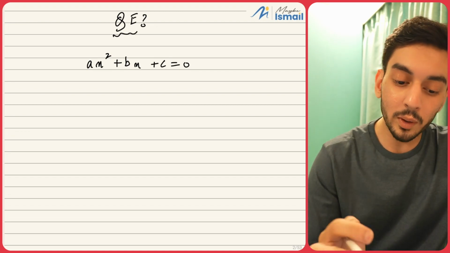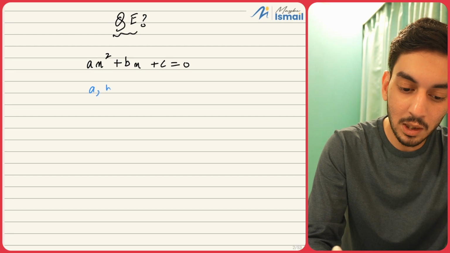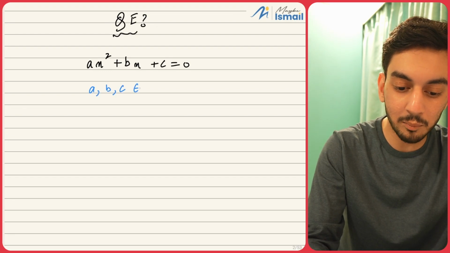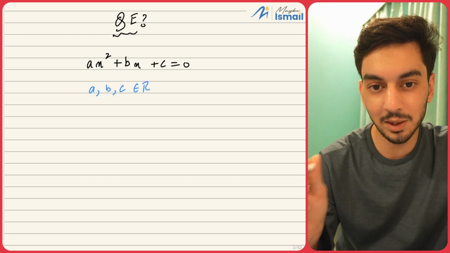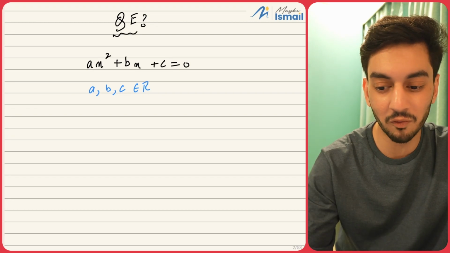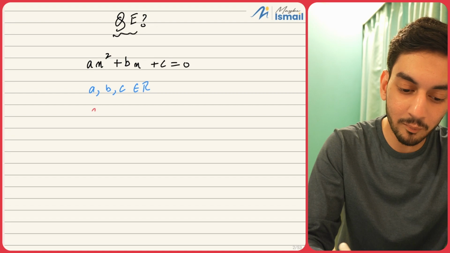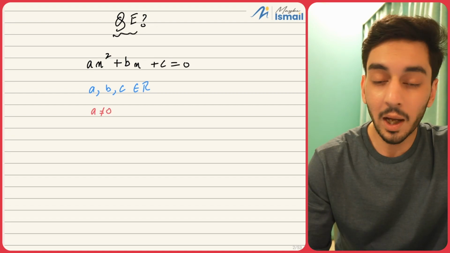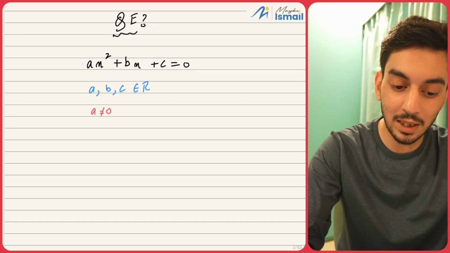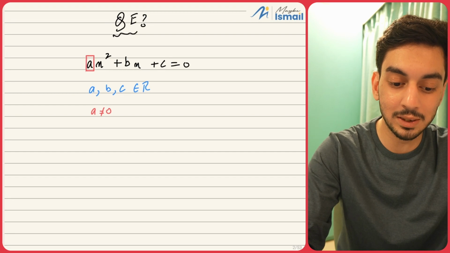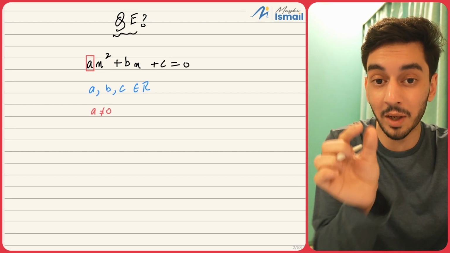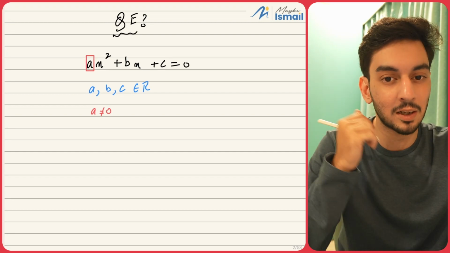Over here, a, b and c could be any real numbers, but there is just one restriction on a. And that simple restriction is that a cannot be equal to 0. The reason for that is, if a becomes 0, the first term, which is the term that makes the equation a quadratic equation, itself becomes 0.